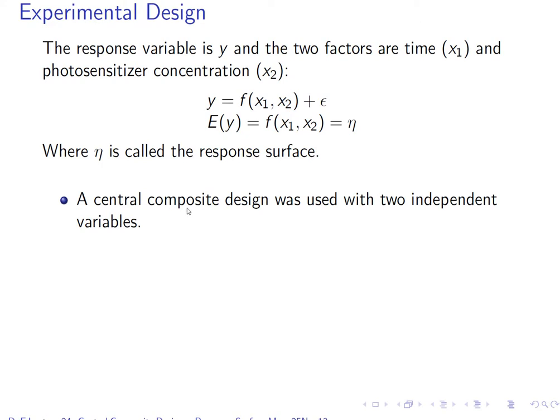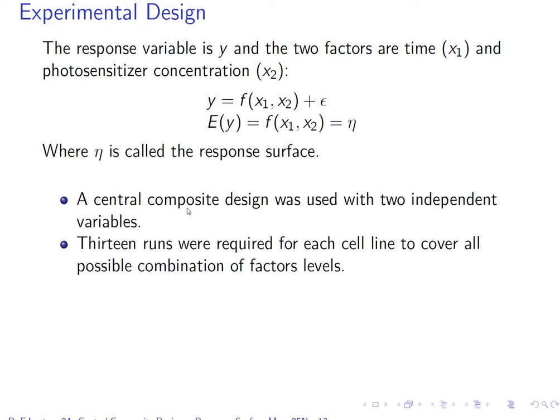And if you read the paper, they use a central composite design with two independent variables that are x1 and x2. 13 runs were used for each of the cell lines, and to cover all possible combinations of the factors that were used. So you might start with an original factorial design and then add a central composite.